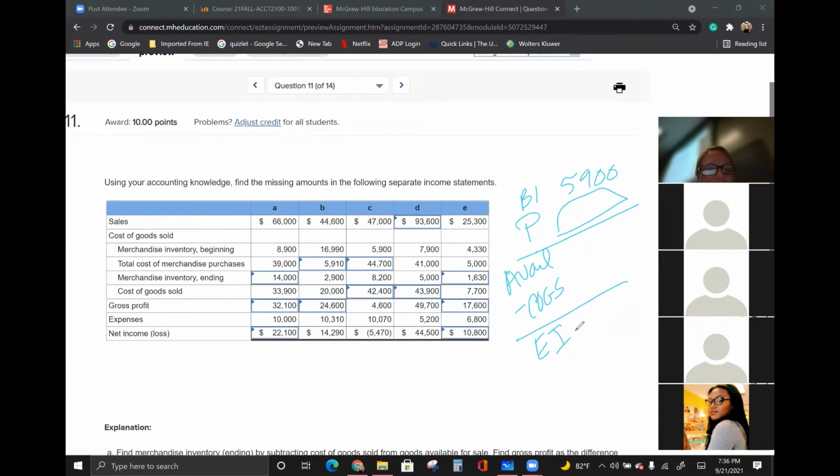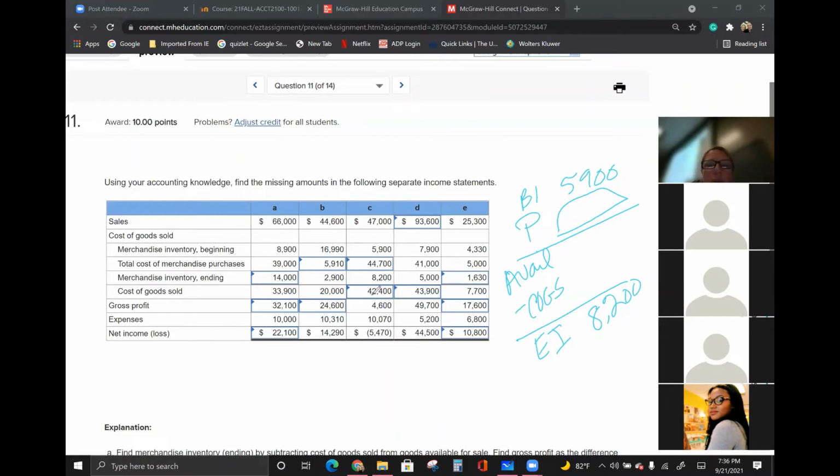Yes, so my ending inventory is, you got to do a little bit more finagling. Let's see, ending inventory is 8,200. So all I have is beginning inventory. I have ending inventory. I don't have purchases and I don't have cost of goods sold. So I have to go a little bit further.